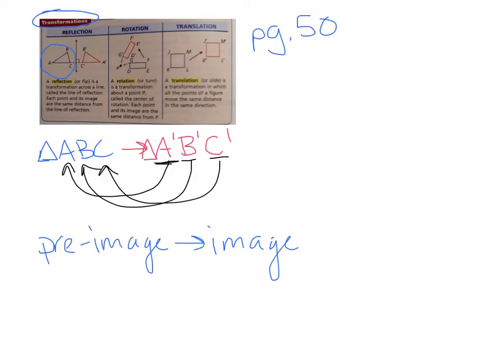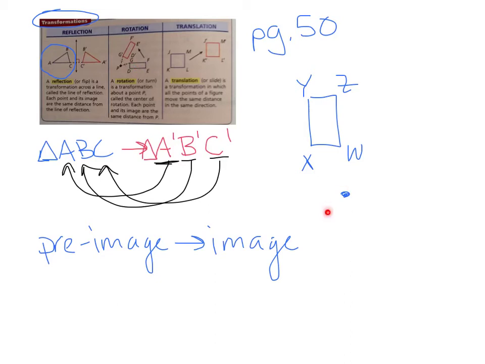The next one is a rotation. The key to rotation is that if you have a shape, say this is X, Y, Z, W, and I want to rotate it, I have to pick some point that I'm going to rotate it around. Looking up here at these dotted lines, I'll draw that here.